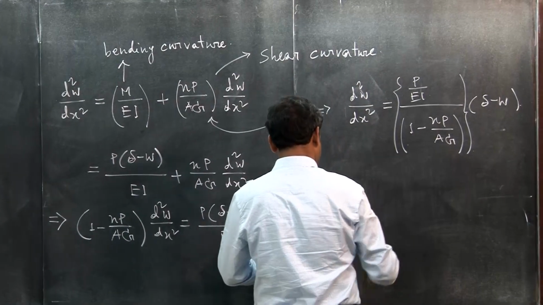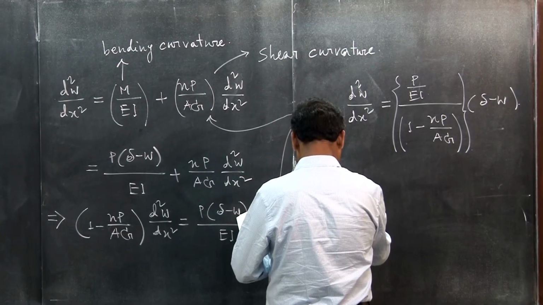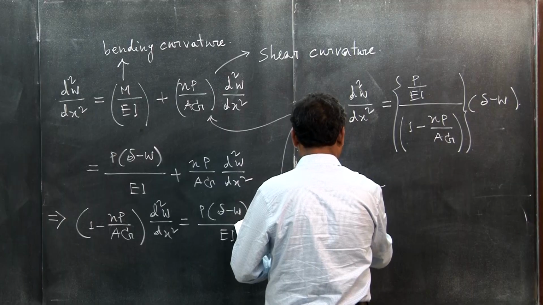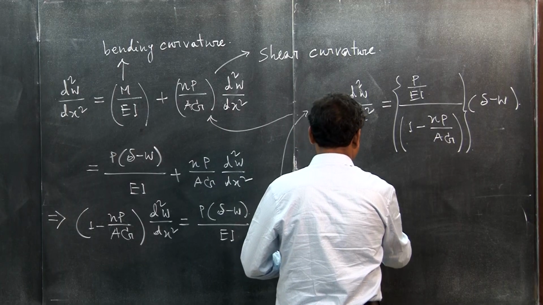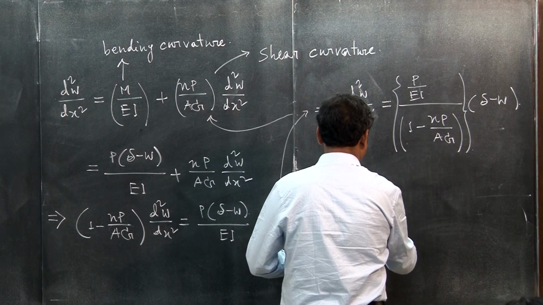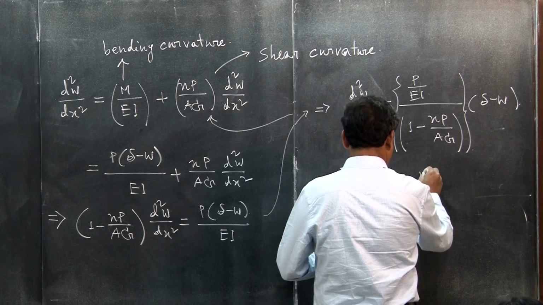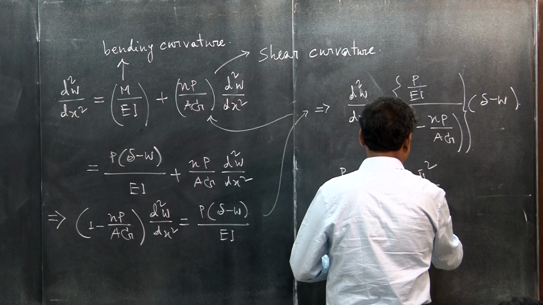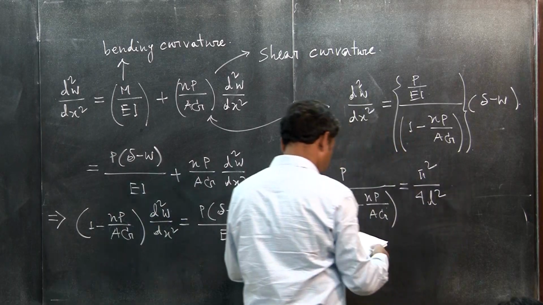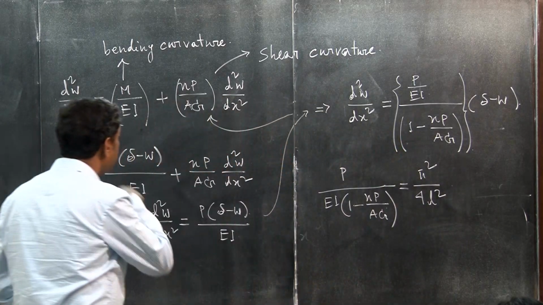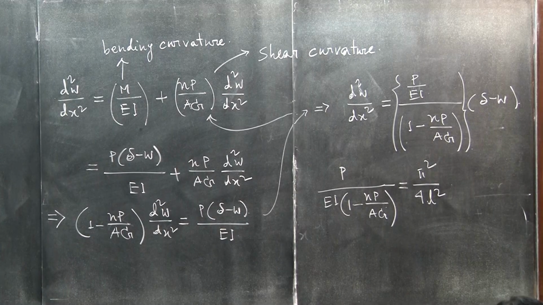I am not doing it, but you can see that P by EI by 1 minus NP by AG is pi square by 4L square. Why is it coming? Because the effective length is 2L.